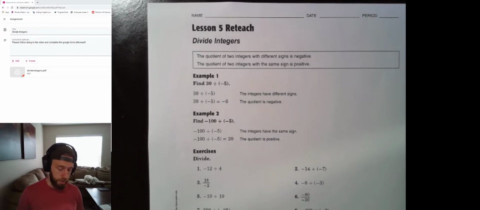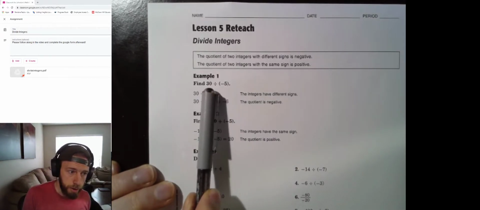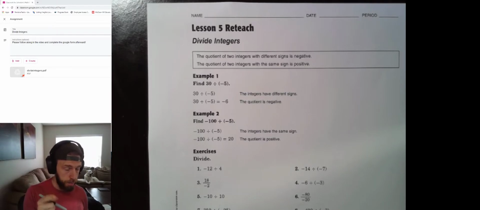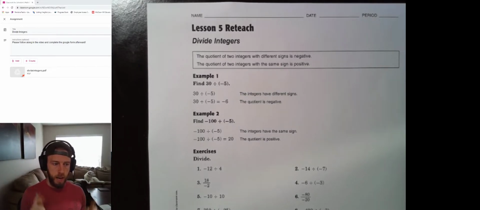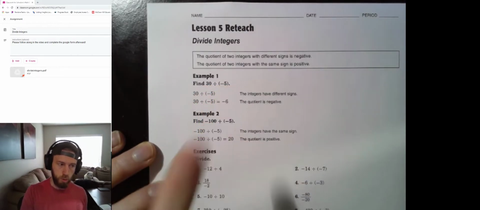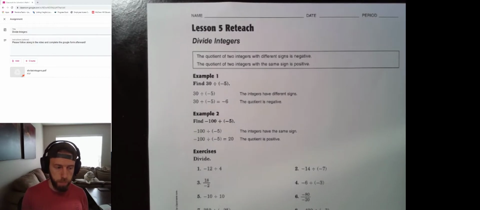Let's look at a couple of these examples. Example number 1: 30 divided by negative 5. You know what 30 divided by 5 is: 6. But we notice that one of the numbers is positive and the other is negative. When you have two different signs in your division or multiplication problem, the answer will come out negative.